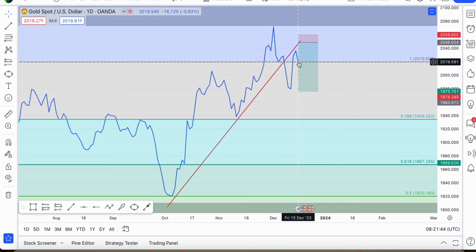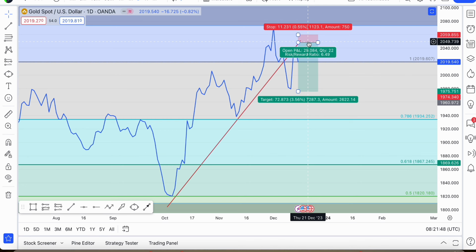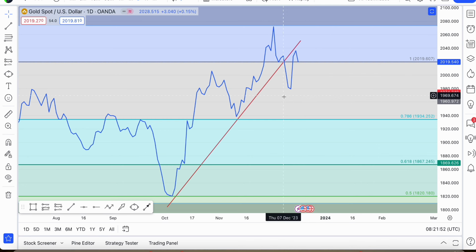So the question here now is, let me take out this market. The question here now is, having stopped here, is it going to go back or is it going to continue its journey downward? And if it continues its journey downward, what is the next natural place that it will stop?